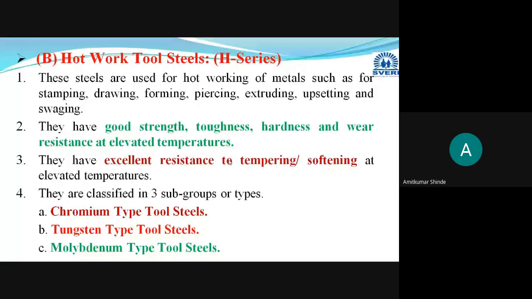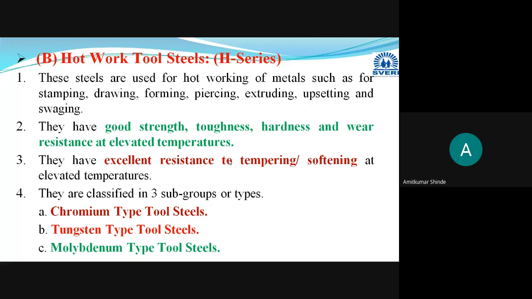But cold work tool steel provides high strength, hardness, and wear resistance at lower temperatures only, whereas hot work tool steels provide good strength, hardness, and wear resistance at elevated temperatures, at higher temperature ranges also. That's why we use them for making tools for different operations. This is the second difference.